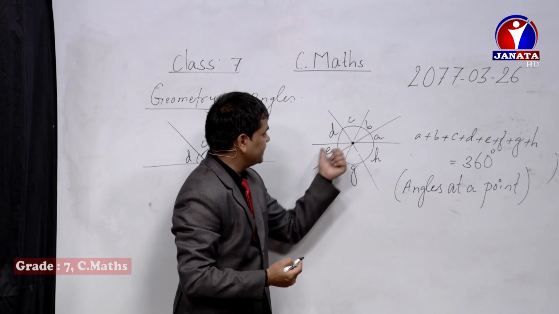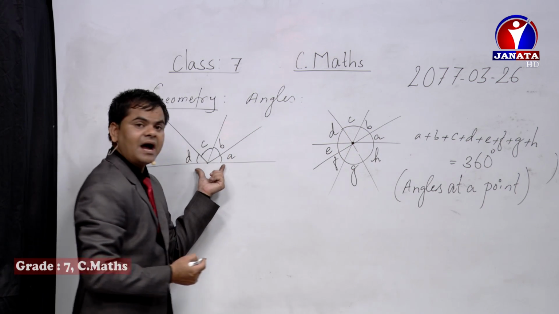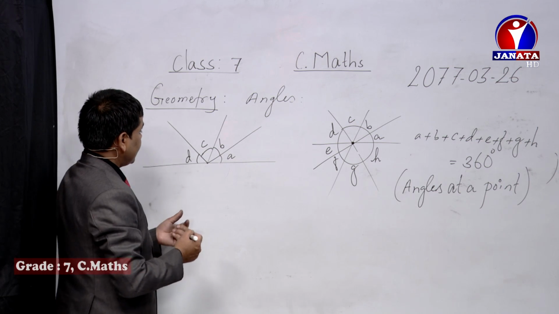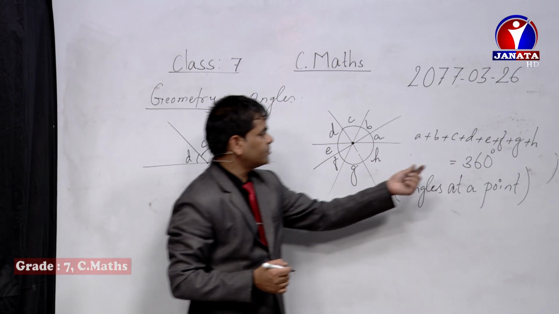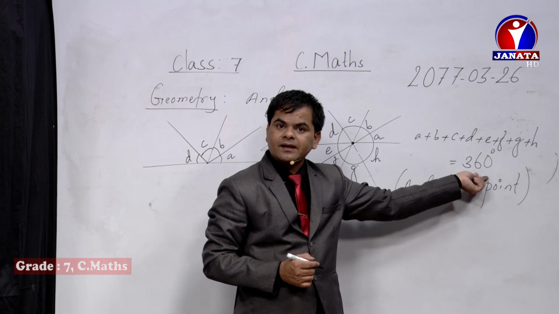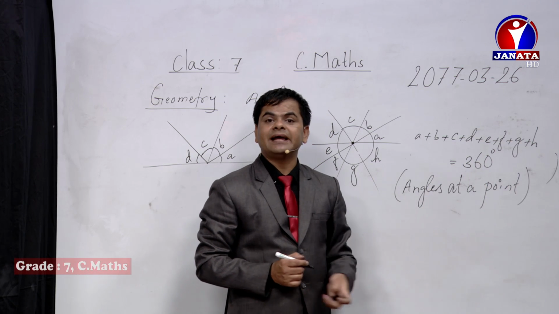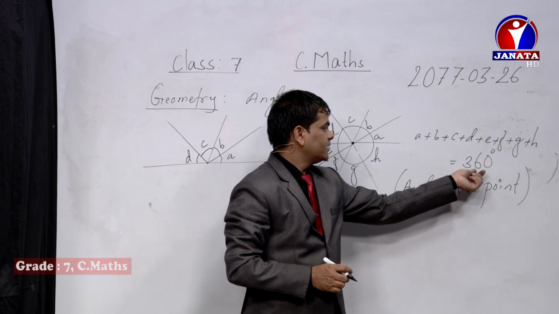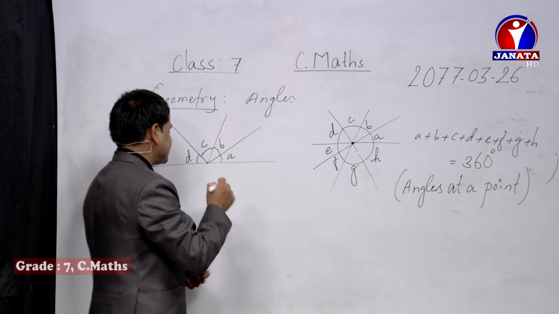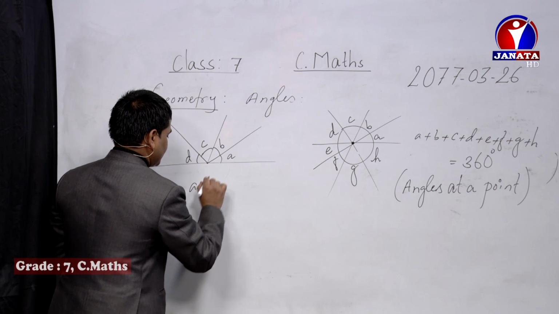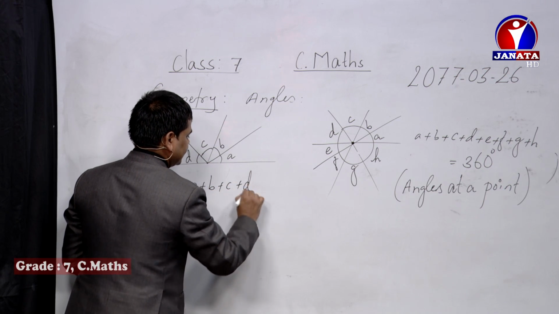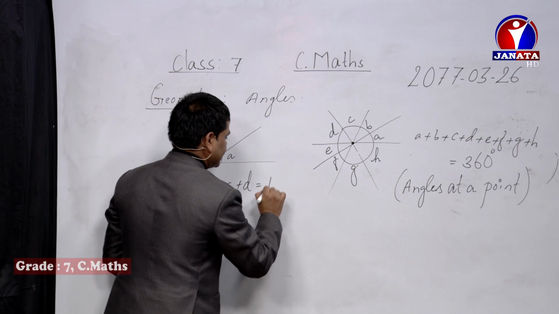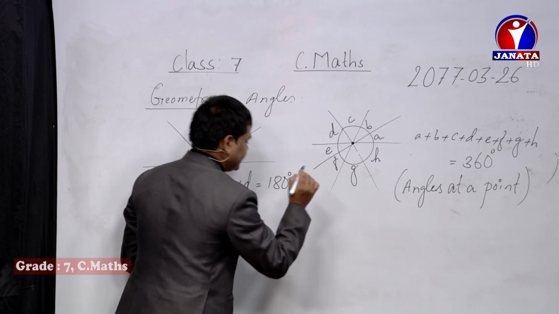If you look at this figure, this is just half part, 50%. As a result, 50% of 360 degrees means 360 divided by 2, which equals 180 degrees. That means A plus B plus C plus D must be equal to 180 degrees.